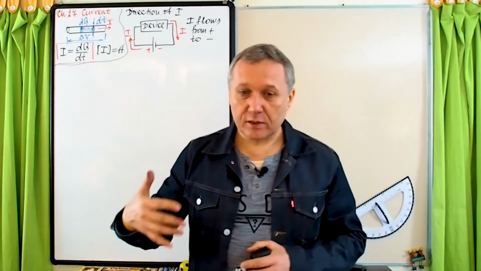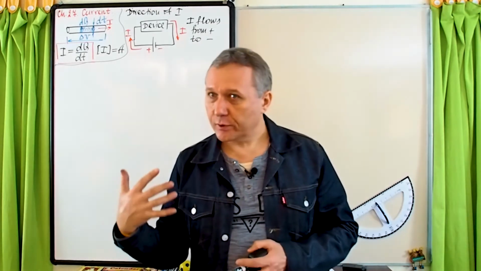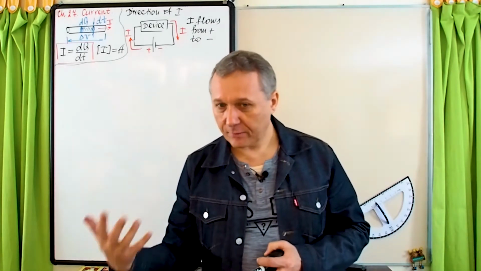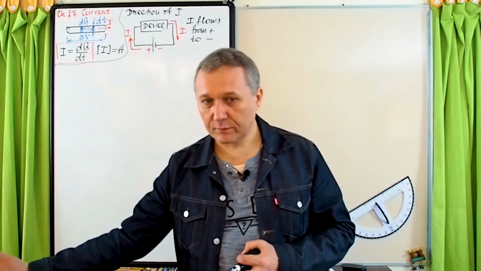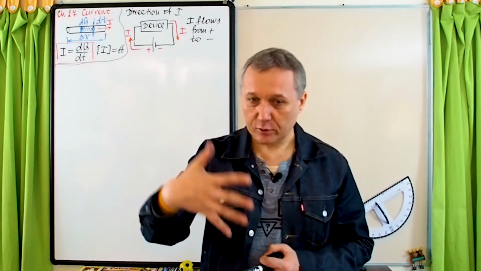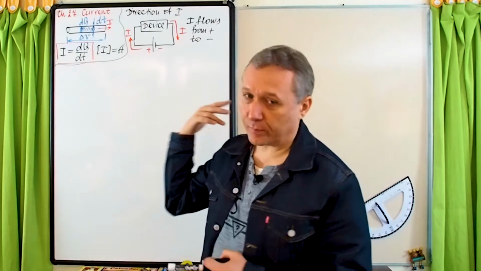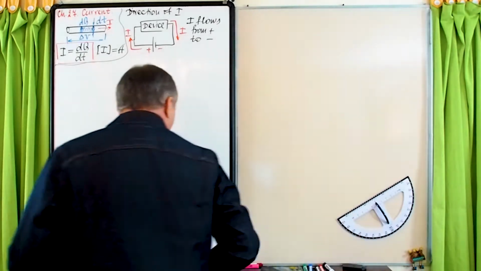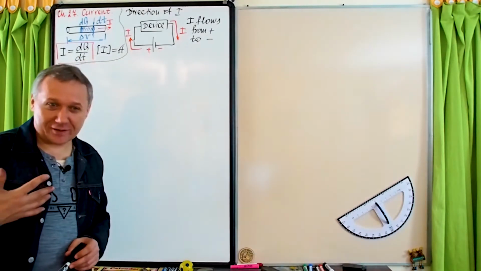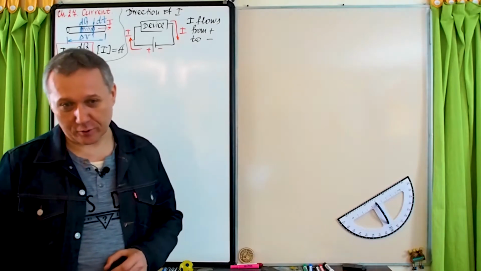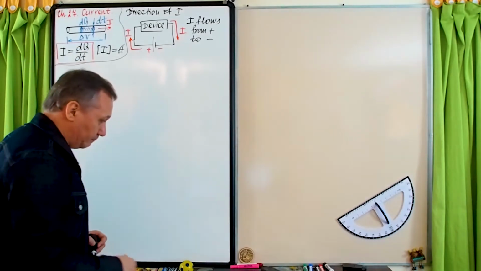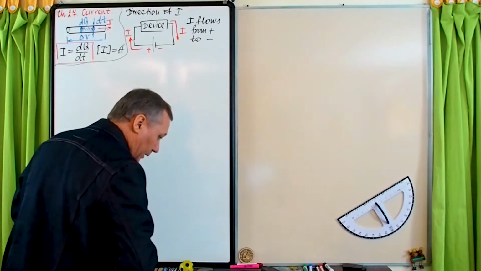The same convention as we used to introduce the electric field lines. Electric field lines start on positive charges and end on negative charges. So from plus to minus. Here the same, from plus to minus. Although we all know that actually electrons move, right? Not positive charges.